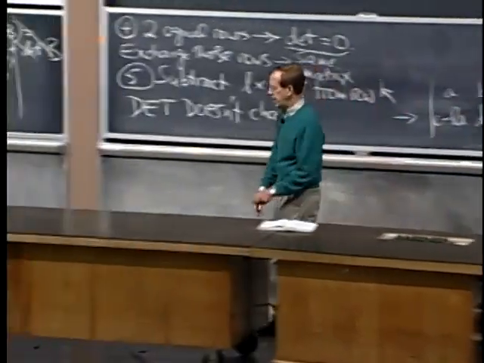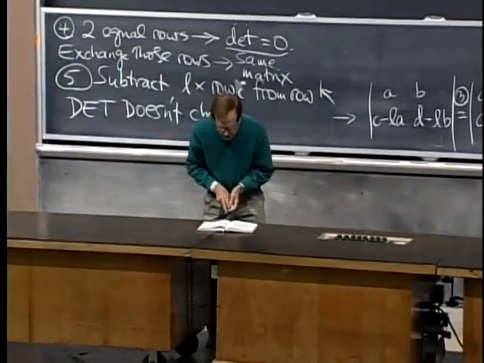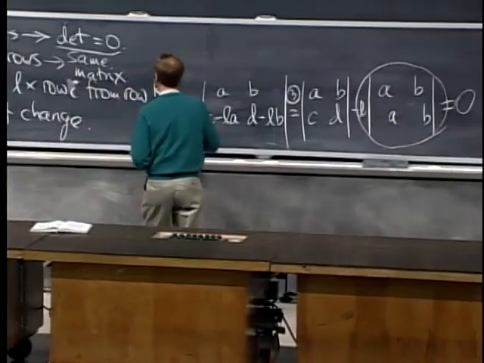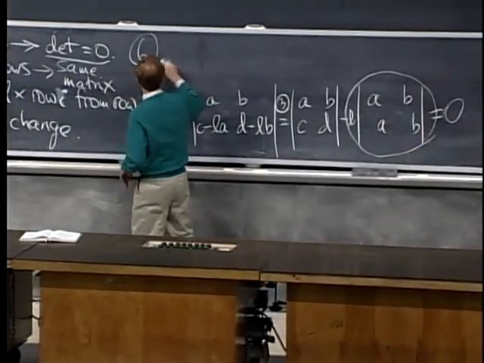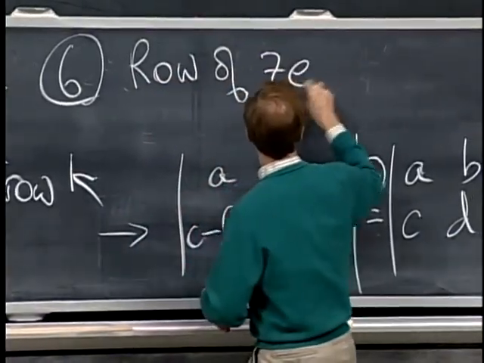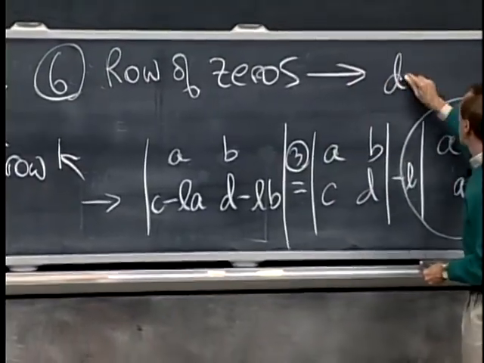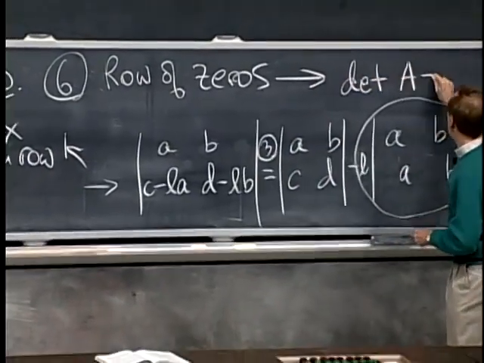Okay. Now, let's see. If I rescue my glasses, I can see what's property 6. Oh, 6 is easy. Plenty of space. A row of zeros leads to determinant of A equals 0.